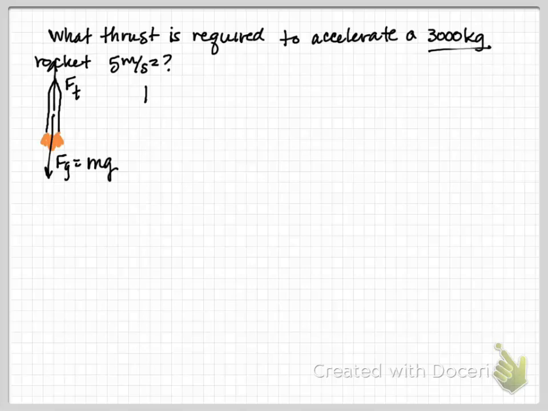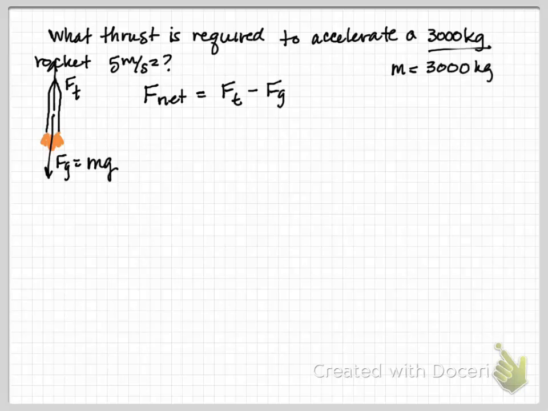And we'll set up our equation. We know our net force is equal to the thrust going up minus the weight coming down. And so this time what we know is that the mass of the rocket is 3,000 kilograms.